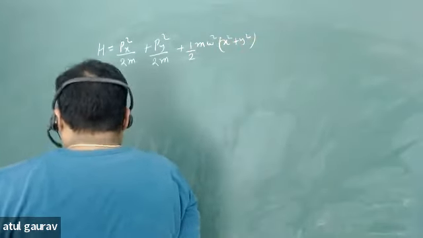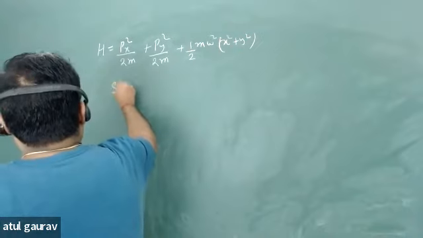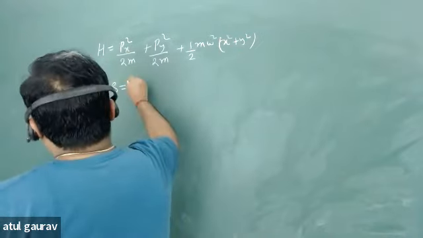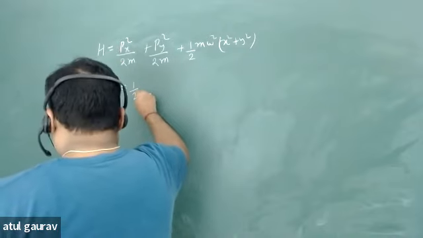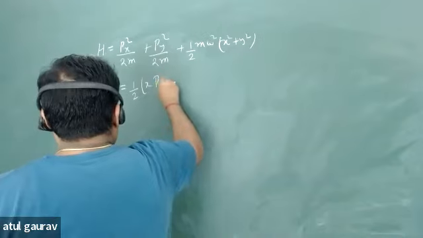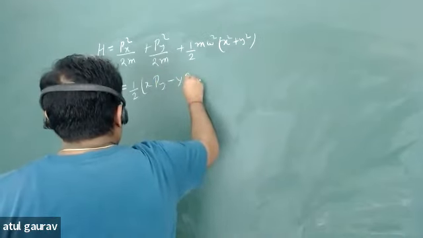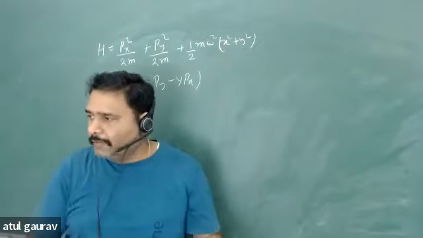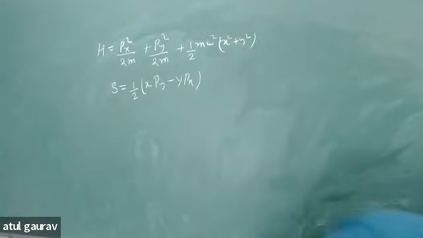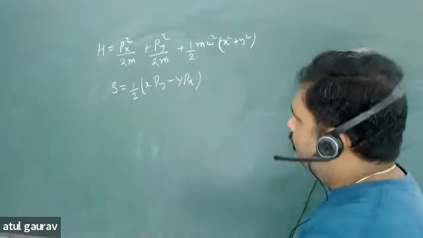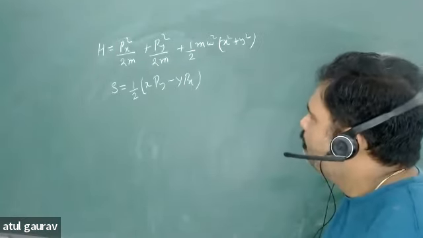Okay, and let us have some particular physical quantity, and let us have this as half (x py minus y px). Let's try to figure out whether it is a constant of motion or not.